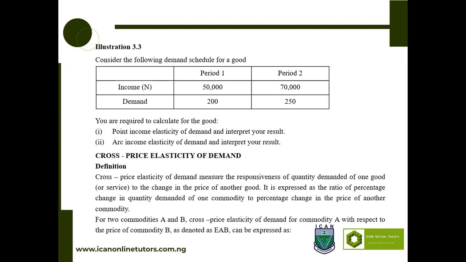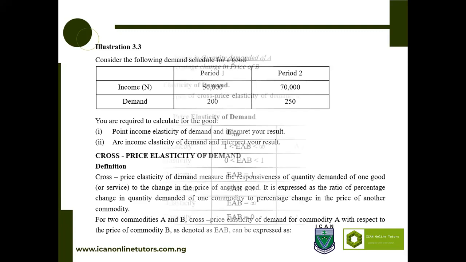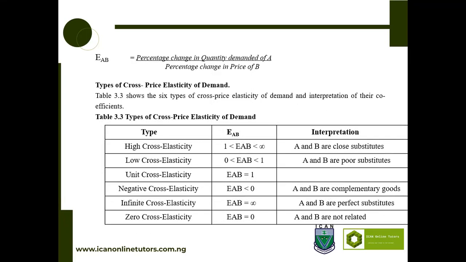It is denoted as the percentage change in quantity demanded of A, which will be given, divided by the percentage change in price of B. We have types of cross-price elasticity of demand, which are six in number. The table below shows the six types and the interpretation of their coefficients.